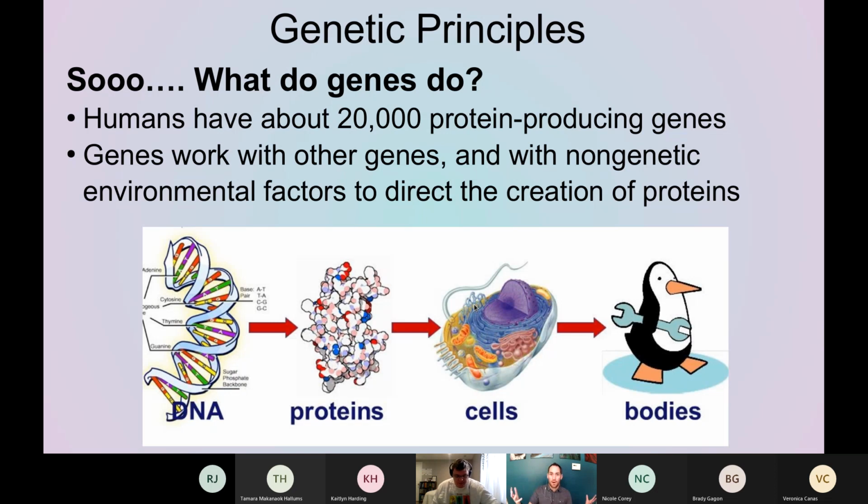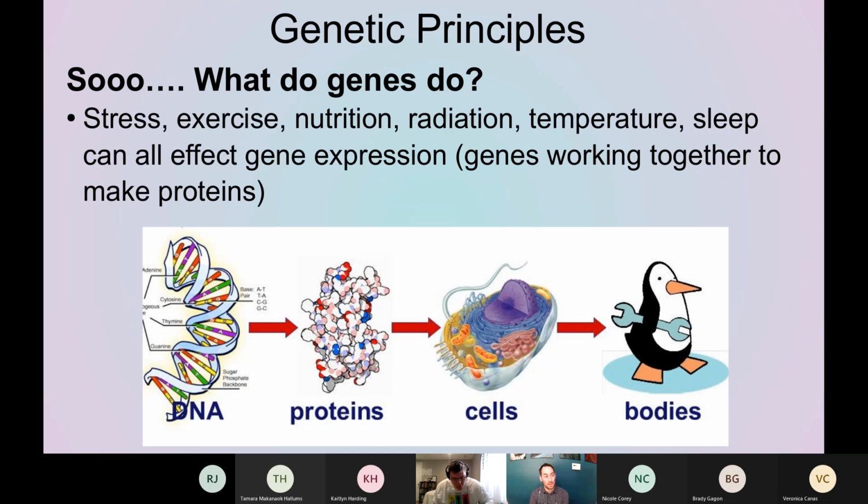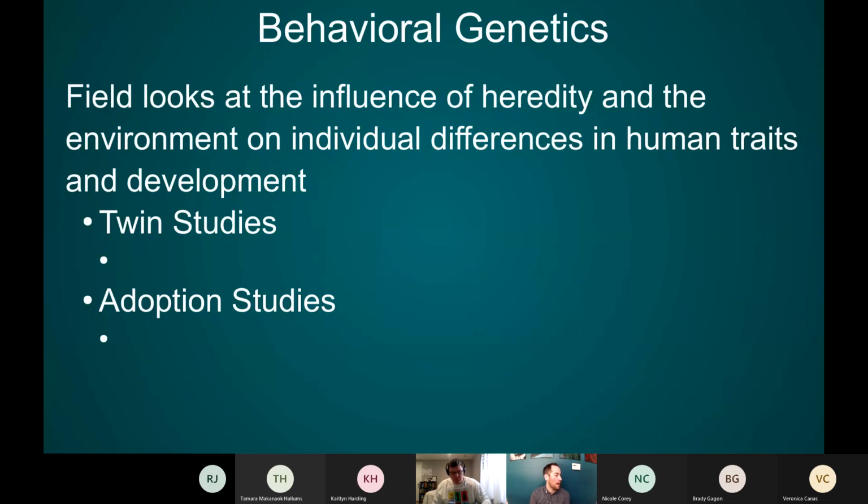Those cells then make up our bodies. That basic structure of proteins reading the genetic code and then doing things is what leads us to have muscle cells versus skin cells versus brain cells. And it's also in charge of a lot of what those cells do throughout life. So that's a really basic overview of how a gene does something in your body. Basically, the gene is the instructions, and the protein reads it and then goes and does something.